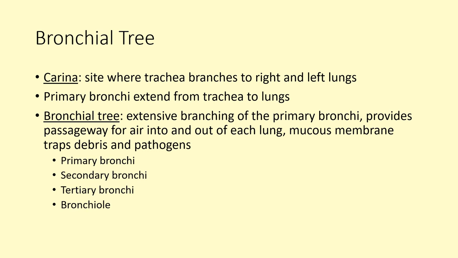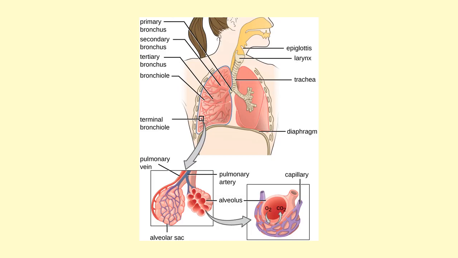You're going to have mucous membranes that are producing mucus that help to trap debris. You're trying to prevent pathogens, once again, from entering. So you have the primary bronchi, then it branches to the secondary bronchi, which then branches to the tertiary bronchi, which branch to the bronchioles. Each one is getting smaller and smaller in diameter, but more numerous too.